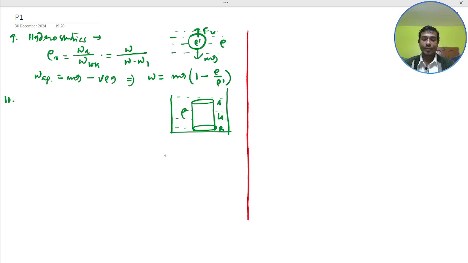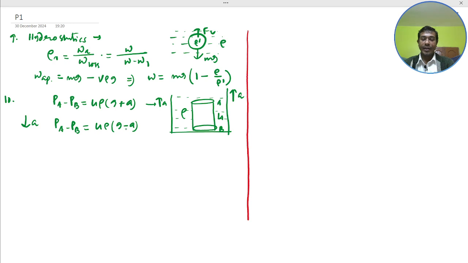So the pressure difference between two points, P_A minus P_B, is equal to h rho into g plus a. This is for the upward acceleration, and for the downward acceleration the pressure difference P_A minus P_B is equal to h rho into g minus a.